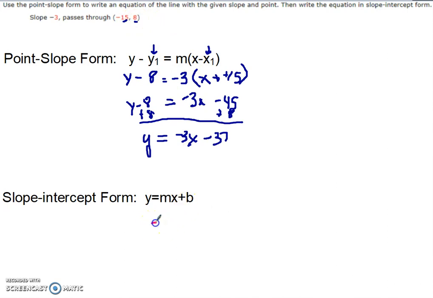So if you wanted to do it this way, what you could do is plug in your y, plug in your m. Again, it's mx, so it's m times the x. And you don't know the b. And then we're just going to solve this.